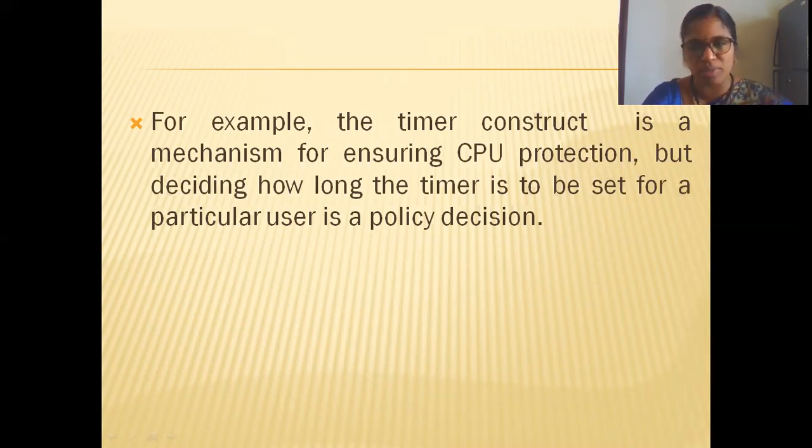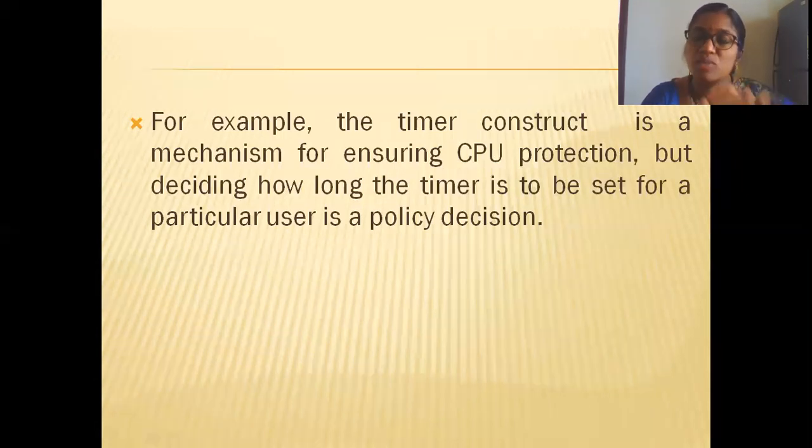But deciding how long the timer is to be set for a particular user is a policy decision. A developer does not have any right to make that decision. He has to obey the policy of the company. So that is the difference. How to do something is a mechanism, whereas what to do is a policy. Mechanisms can be deferred, whereas policy is fixed.